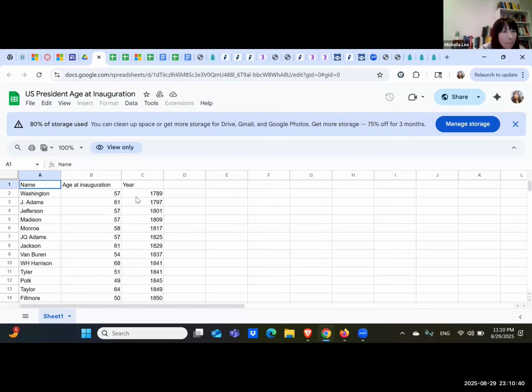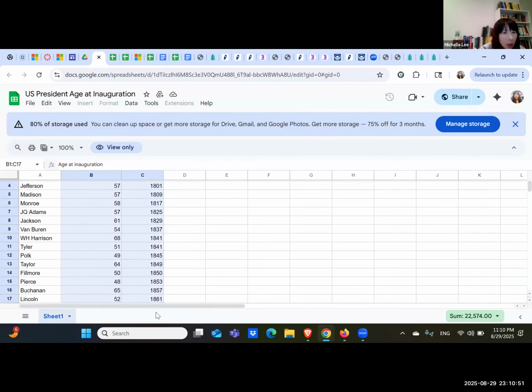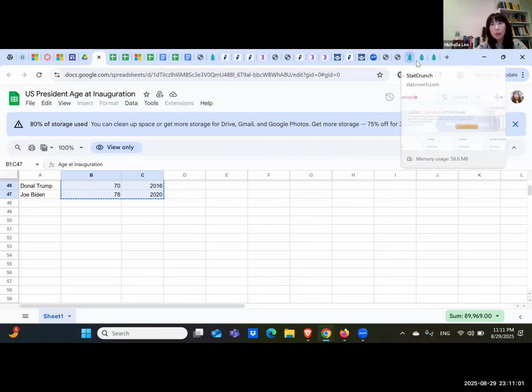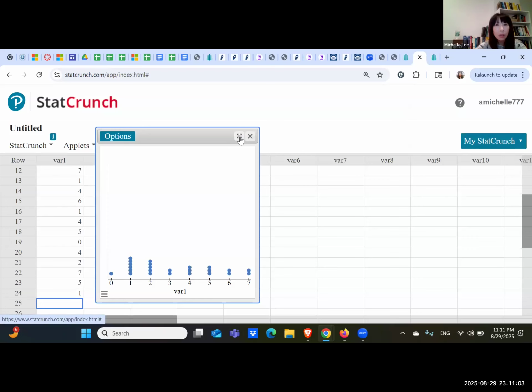Maybe we can copy what is called the age and year, just the current.